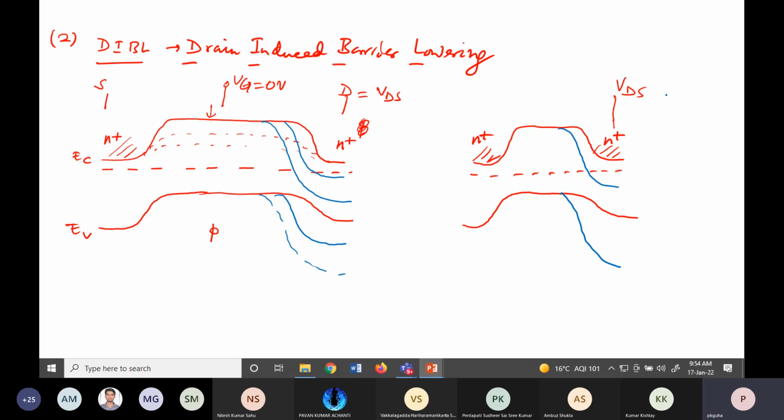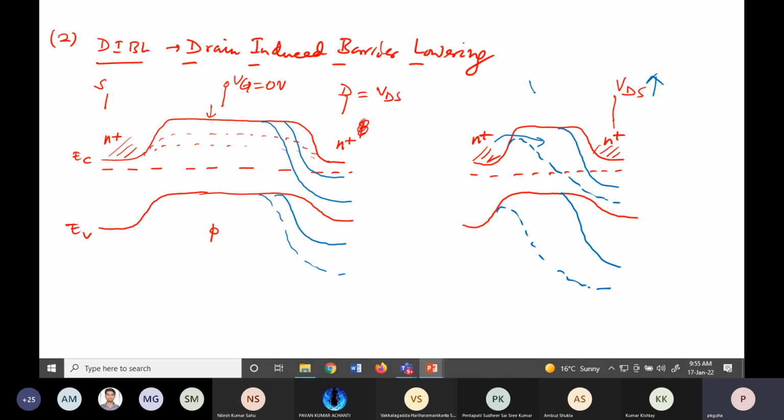So if we keep on increasing VDS, we will ultimately see the barrier at the source side start decreasing, and then electrons will be able to flow. So this is known as drain induced barrier lowering. So by applying voltage at the drain side, you will be able to lower the barrier near the source.